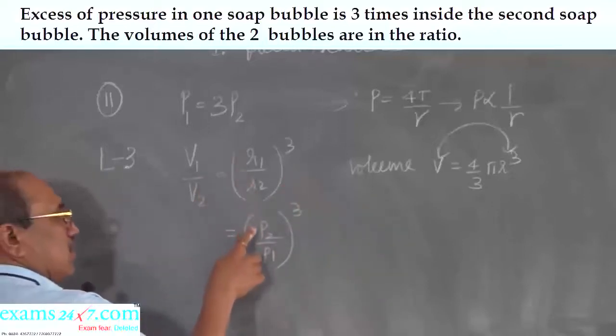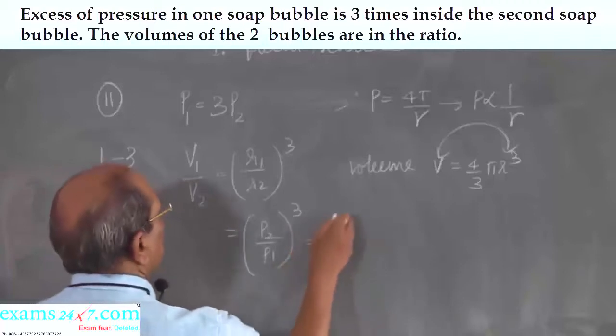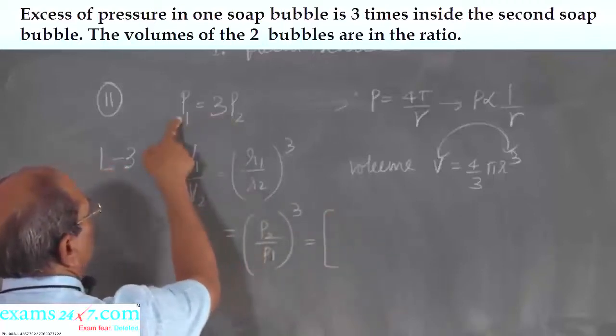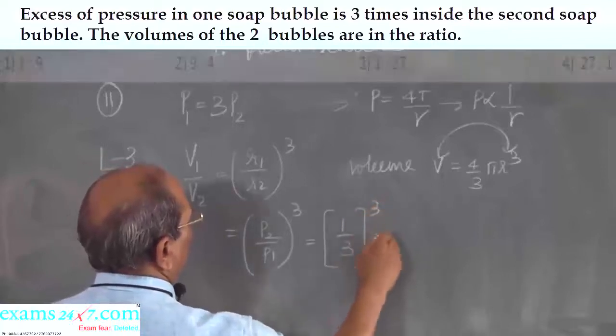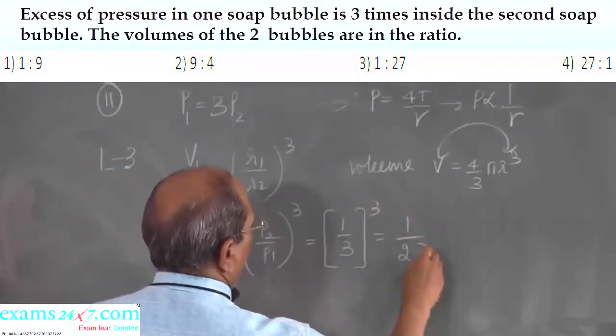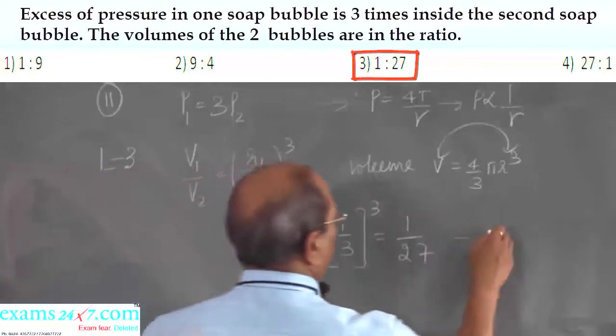R1 by R2 can be written as P2 by P1 using the excess pressure relation. Substituting, P2 by P1 is 1 by 3, cube, 1 by 27. 1:27, option number 3.